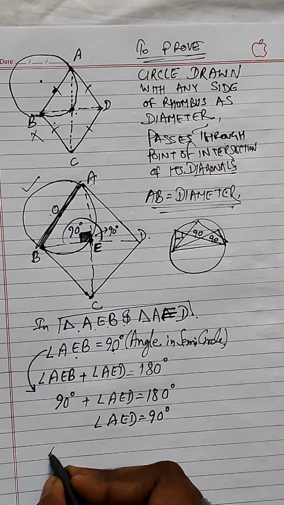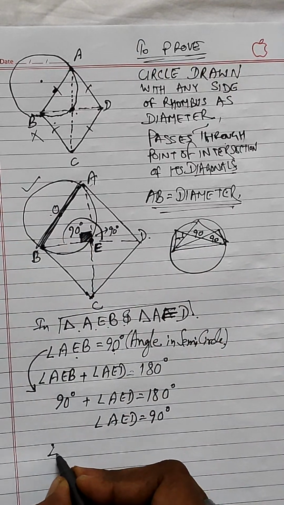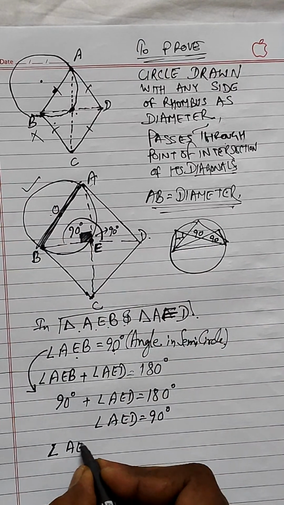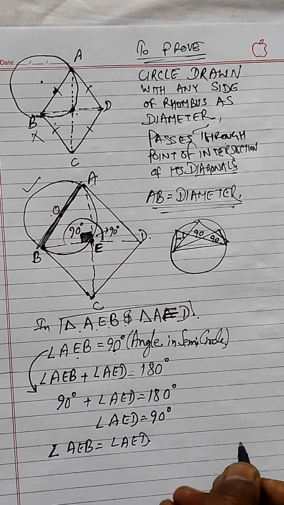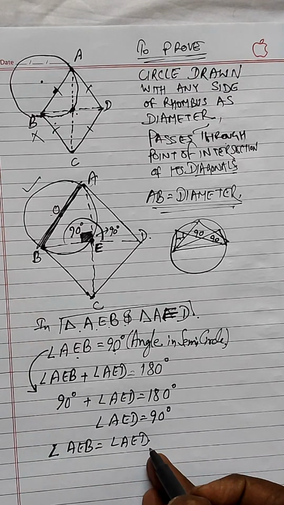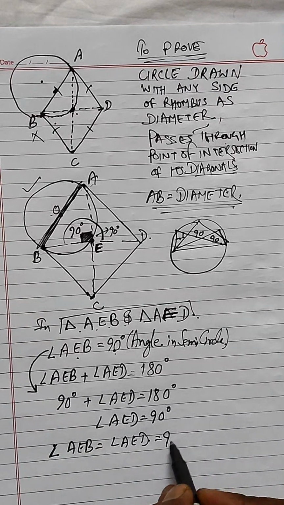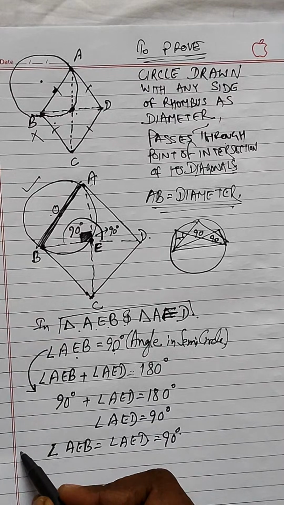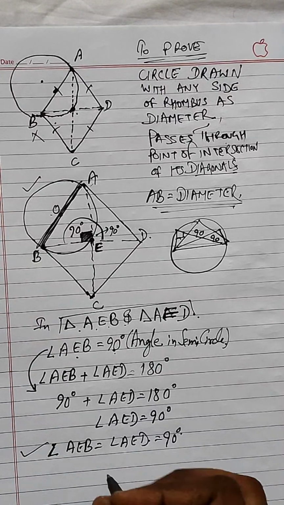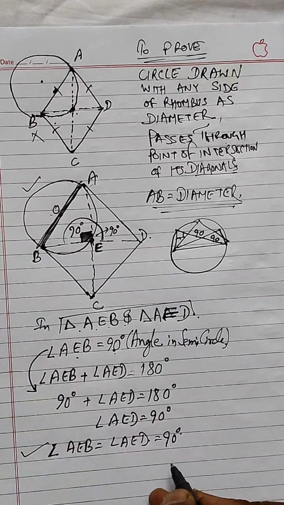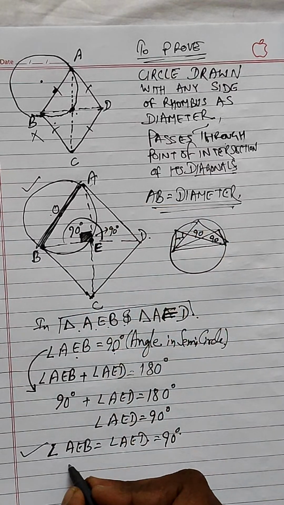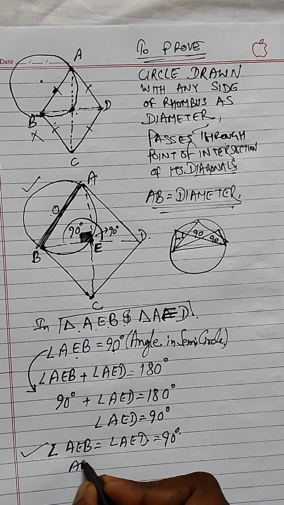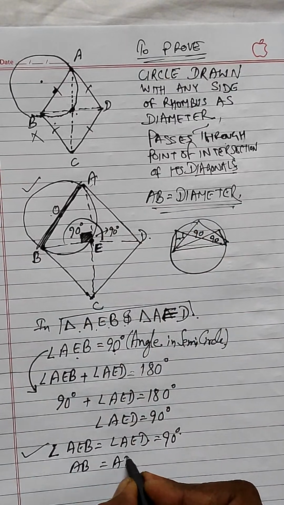So we can say, first writing it over, angle AEB equals angle AED, which is 90 degrees. So this is one of the congruency criteria which it passed. And another is the side of the rhombus, AB equal to AD. So one side is also equal.